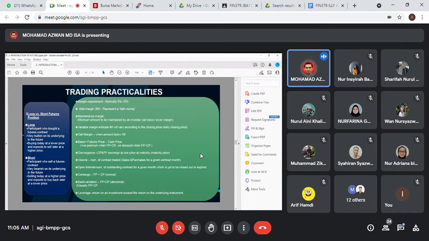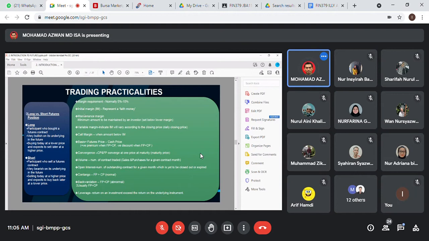We have first initial margin, maintenance margin, and then we have variable margin and call margin. This margin is applicable or required when you want to trade futures.